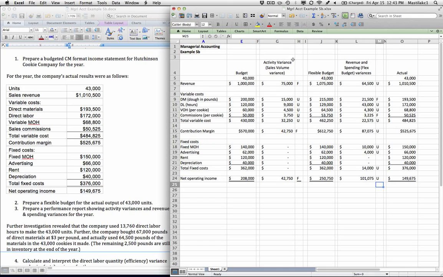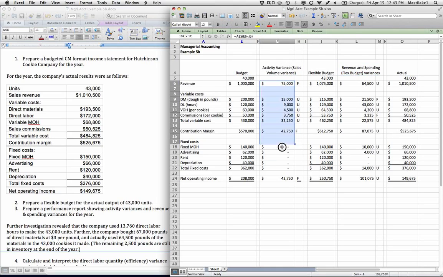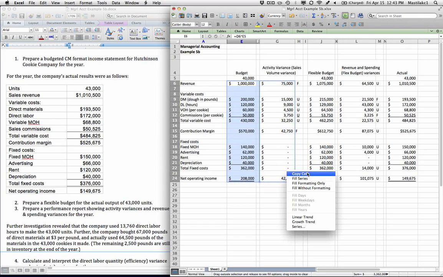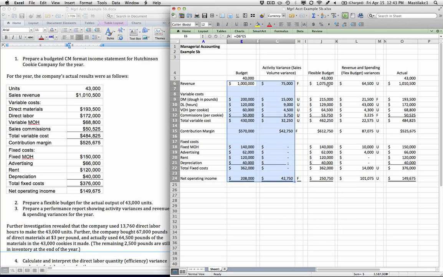So really what we're doing with our performance report is putting a number and an evaluation on all of the variances that we have calculated. I'll fill the formatting in there for you so it looks a little nicer.